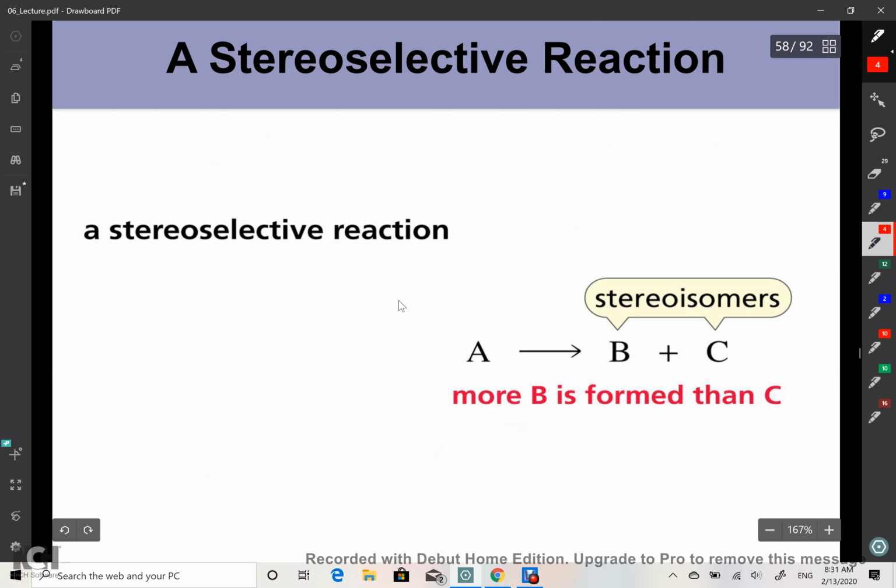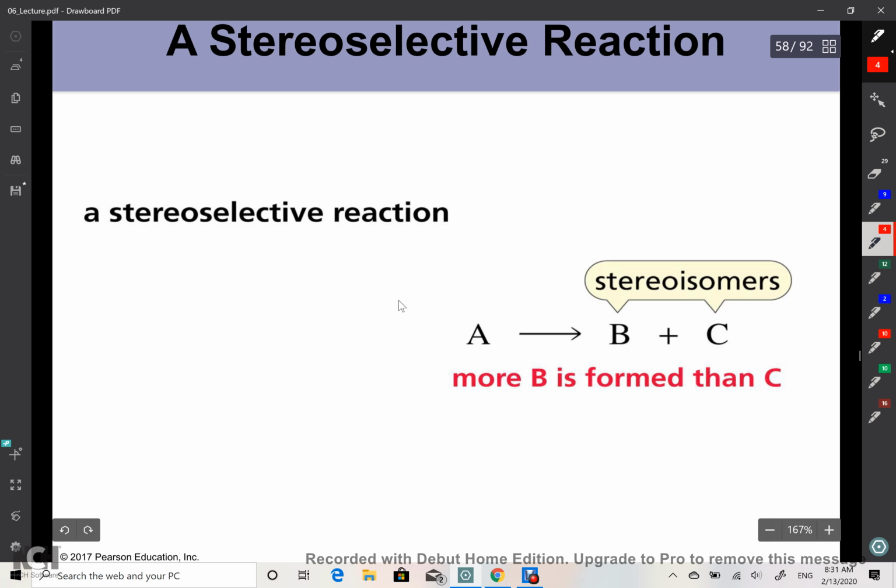Thank you. Now, a reaction can also be stereoselective. Remember what the stereoisomers are. Stereoisomers means they only differ in their orientation in space. The R and S. Those are the stereoisomers. Okay? R and S. So, there are some reactions that will preferentially form the R isomer over the S isomer.